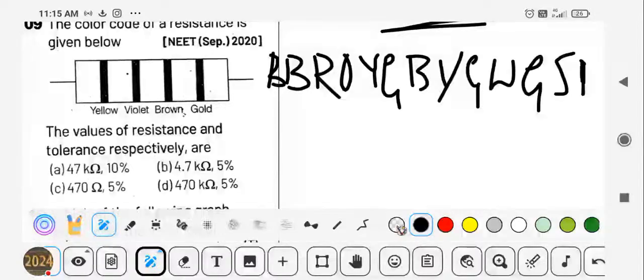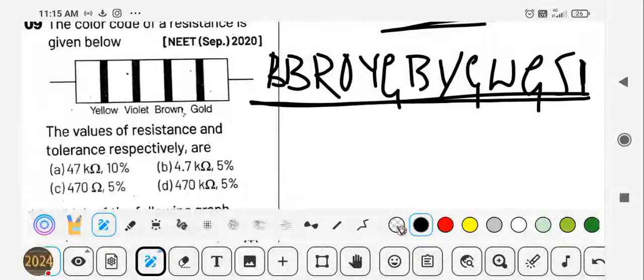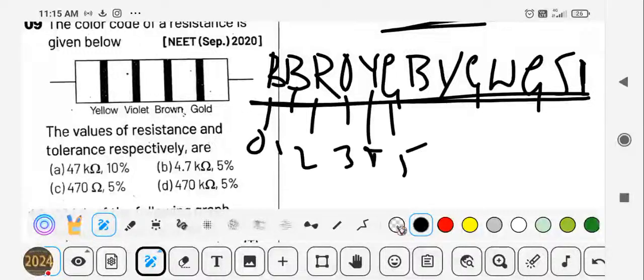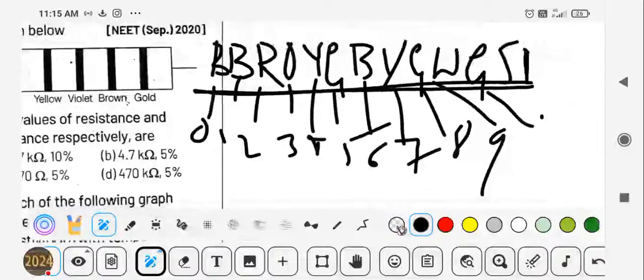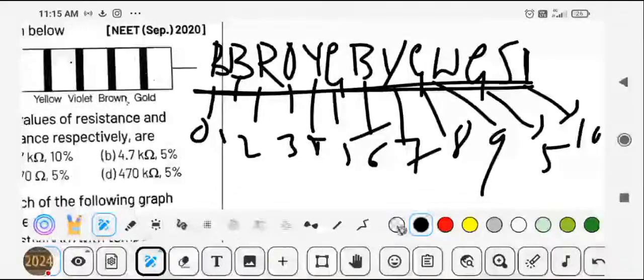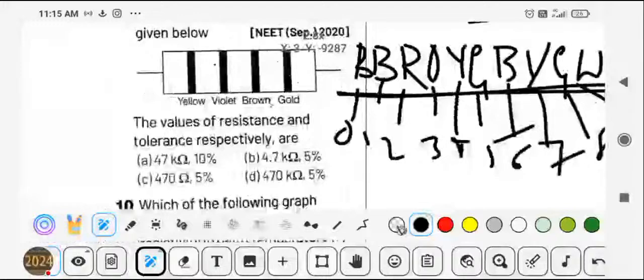Gold and silver necklace. Just write these alphabets from 0, 1, 2, 3, 4, 5, 6, 7, 8, 9, until 9. After that it will be 5, 10. Just match those values to the given question.